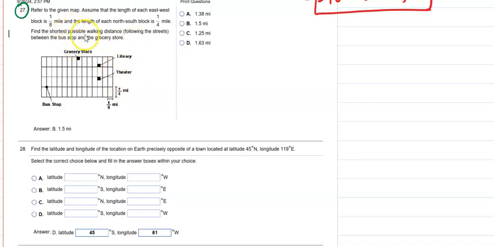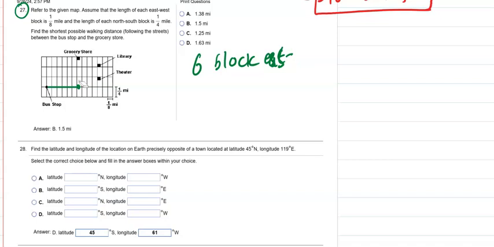You're looking for the distance between the bus stop here and the grocery store here, walking through the streets, not directly, because you have to walk along the streets. How many blocks are you going east? 1, 2, 3, 4, 5, 6 blocks east, right?